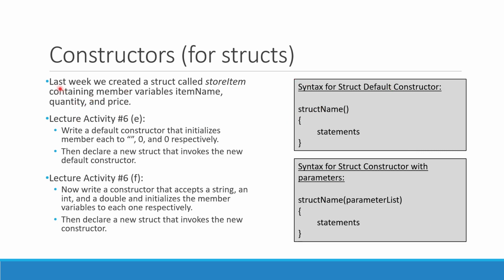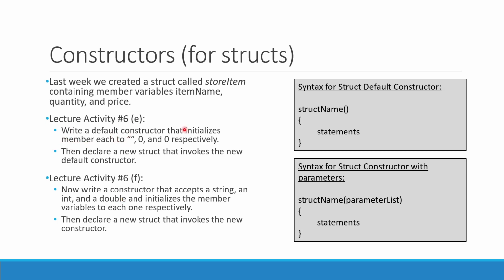Last week we created a struct called store item containing member variables item name, quantity, and price, which were of string, int, and double respectively. Okay? So lecture activity 6 part E, because we did A through D before, and now we're going to continue off with part E.